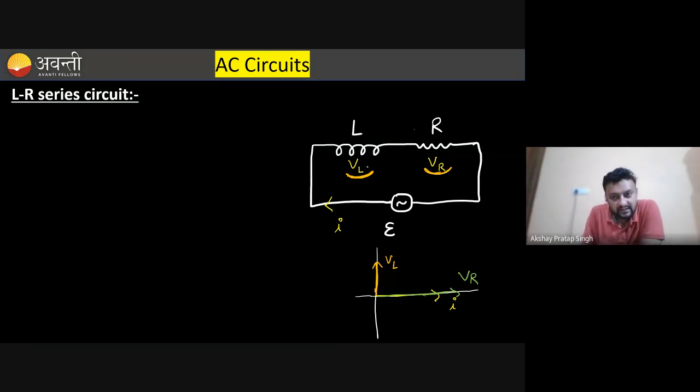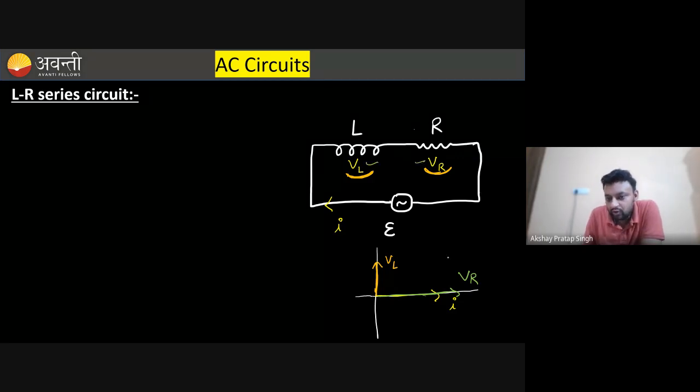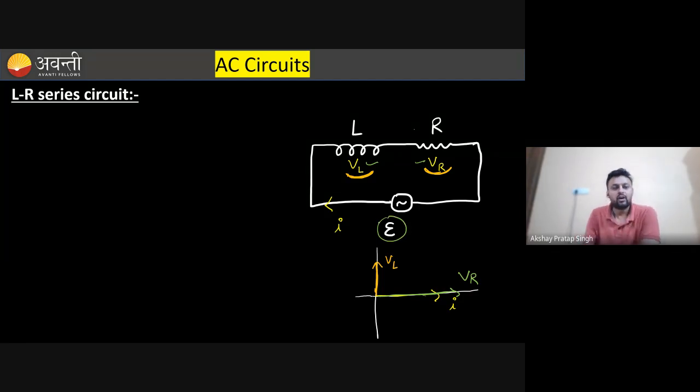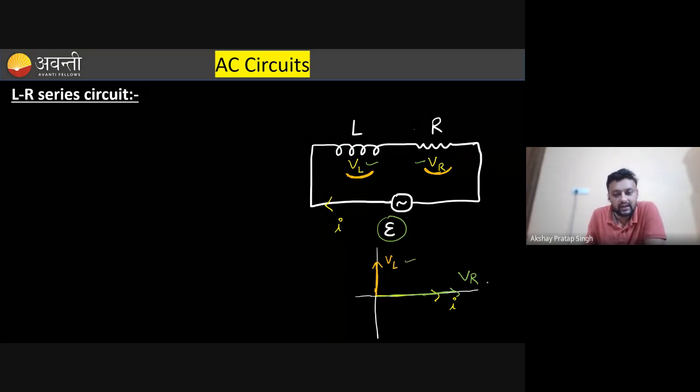And can you again see that the sum of these two quantities, VL and VR, is going to be our net EMF which I have applied. Here we have taken VL and VR as anti-clockwise rotating vectors.